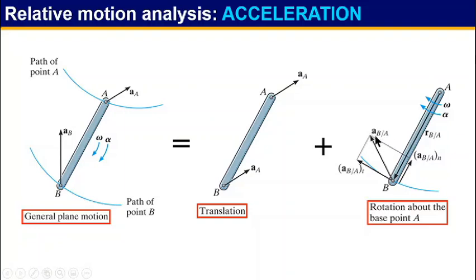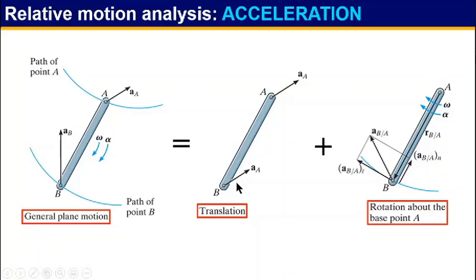This ABA can be divided into two other components, which are tangential acceleration, denoted ABAT, and normal acceleration, denoted ABAN.